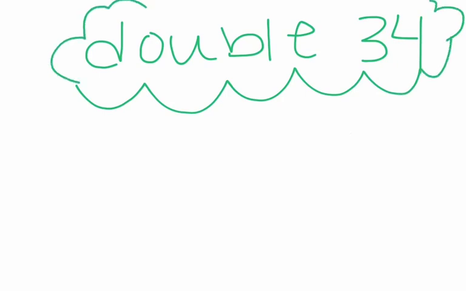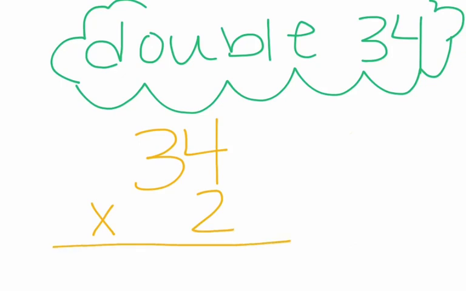Go ahead and answer this question. 34 doubled, which means you have to multiply it by a certain number. Okay? And so now I'm going to say 34, and when you double a number, you times it by 2. And let's see if you got that answer right. 4 times 2 is 8, and 3 times 2 is 6. So you should have gotten 68 as your answer.